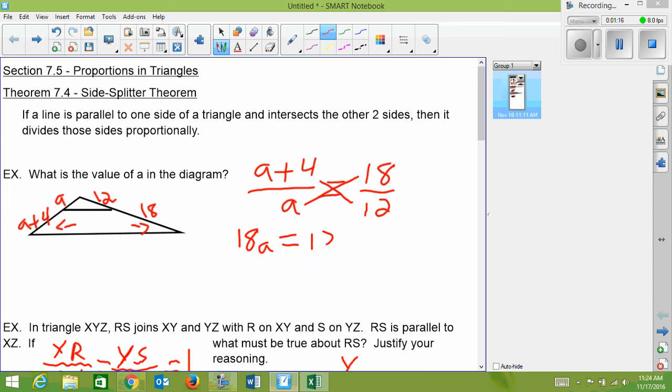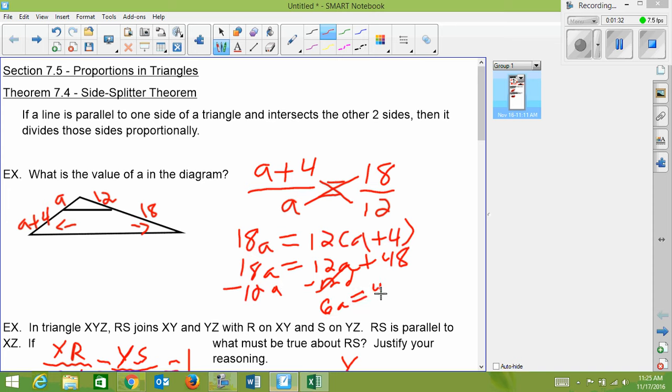And then I have to do 12 times A plus 4. So I'm going to have to do distributive property. So 18A equals 12A plus 48. Minus your 12A, move it over here. That leaves me with 6A equals 48. Go ahead and finish your last step, which is to divide by 6. So A is 8.